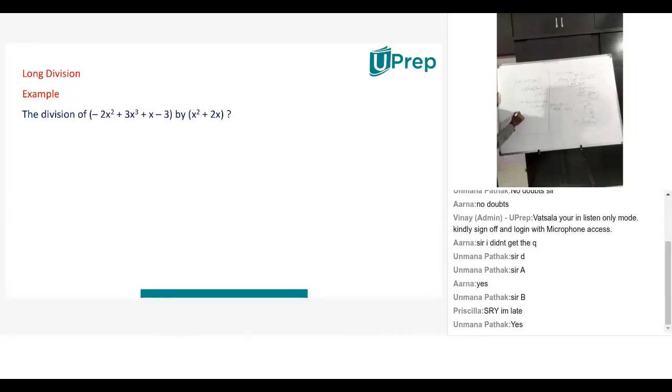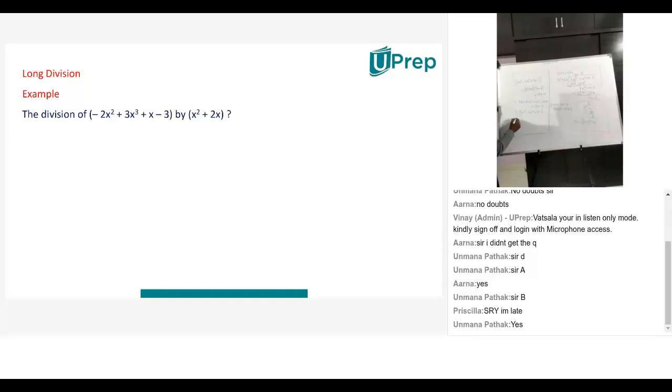So children, what do I get? 3x cube. Minus 8x square plus 6x square is minus 2x square. 17x minus 16x is x minus 3. Now, did we get the same dividend?